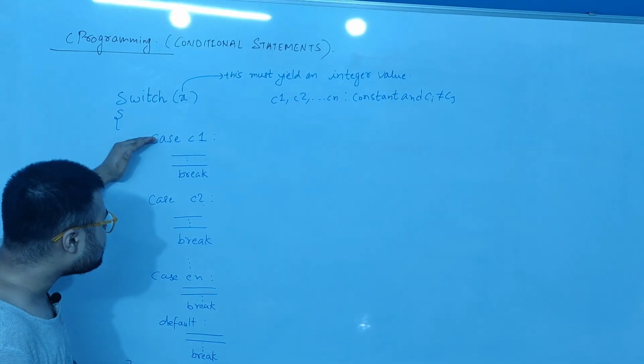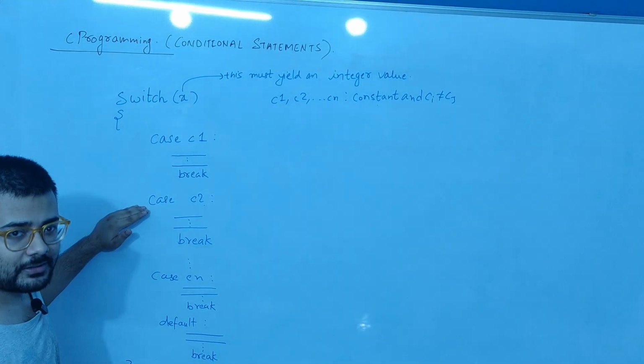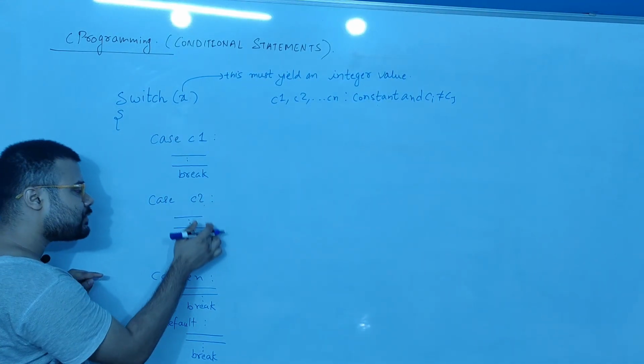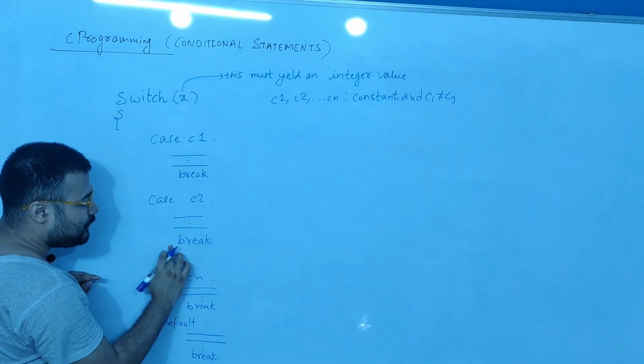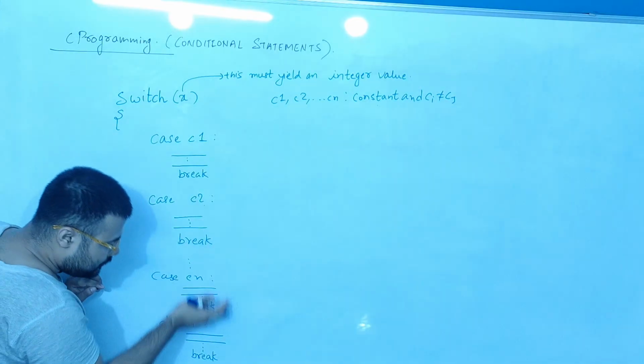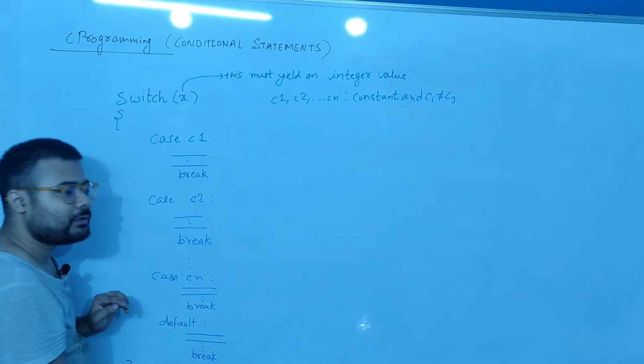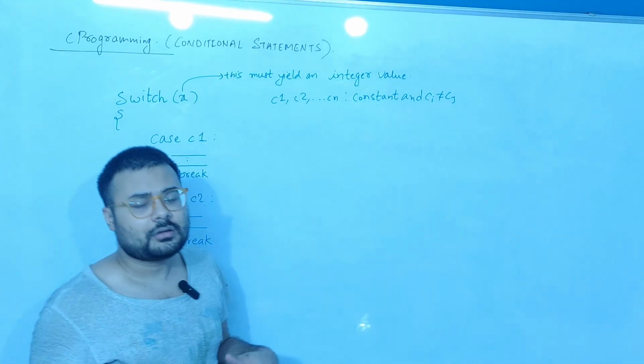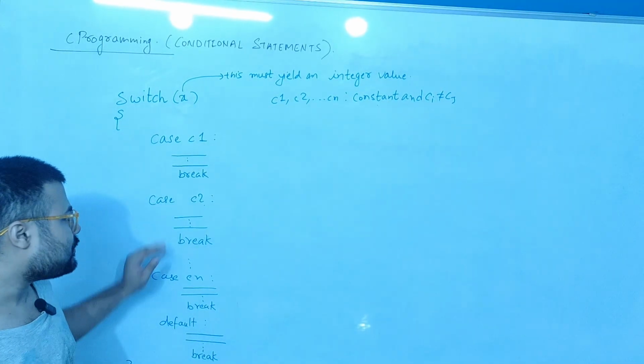After checking this case, case 2 will be checked. If C2 matches X, then these statements will be executed. And if there was no break statement, then all the statements following from case 2 will be executed. So this break is to only execute the case 2 statements.